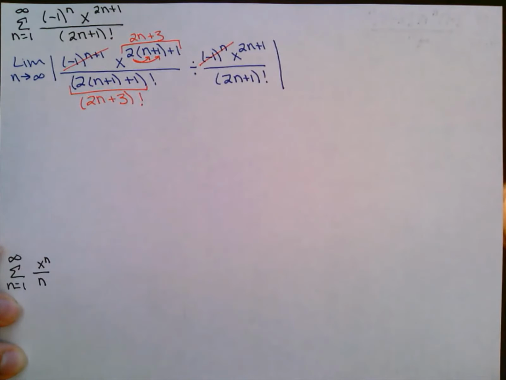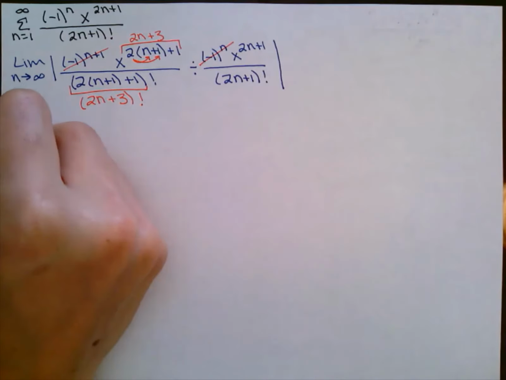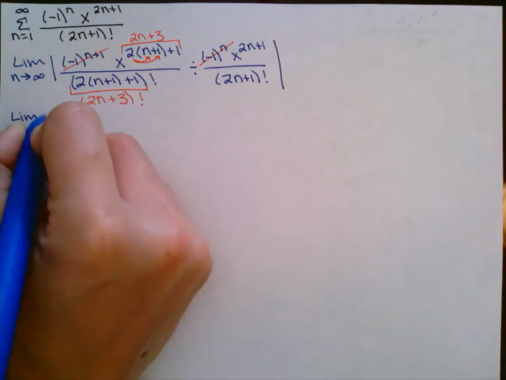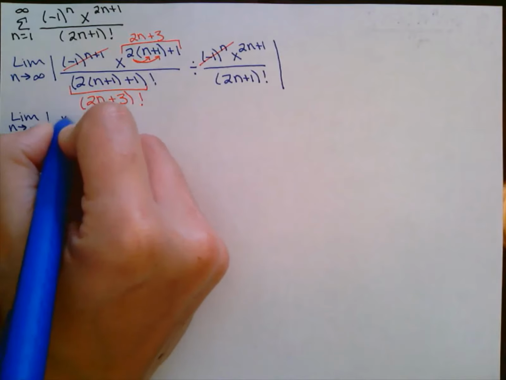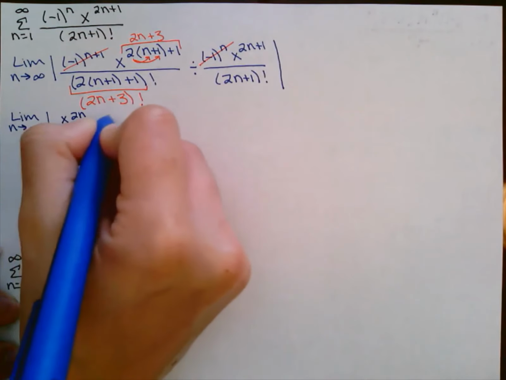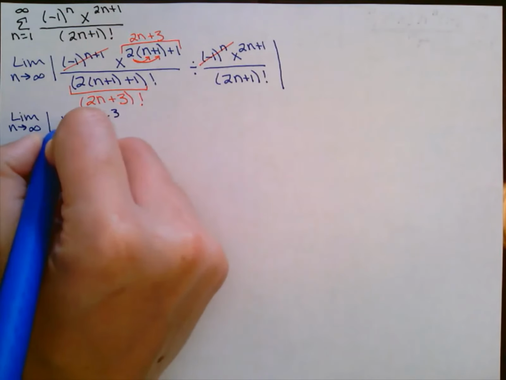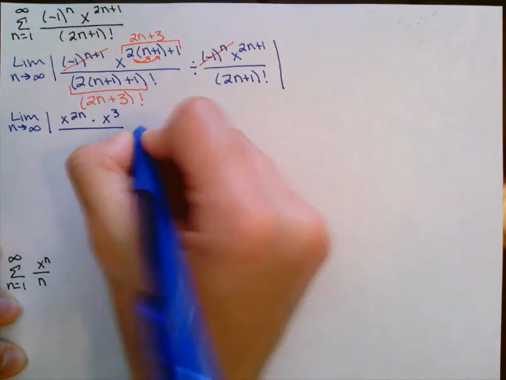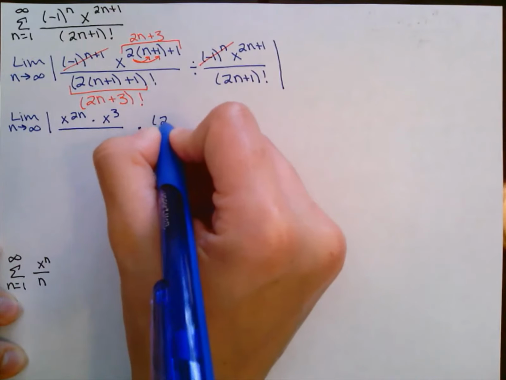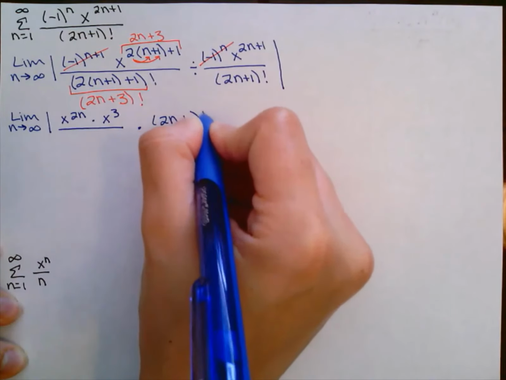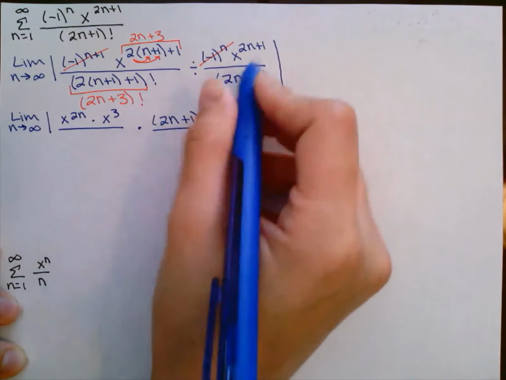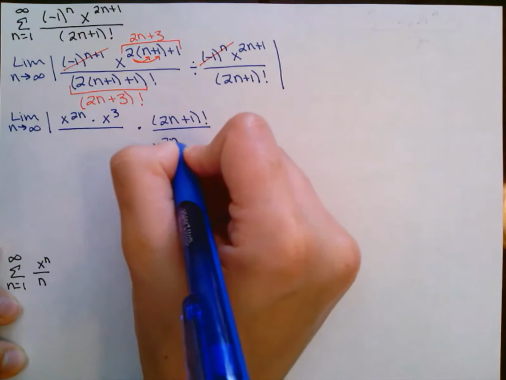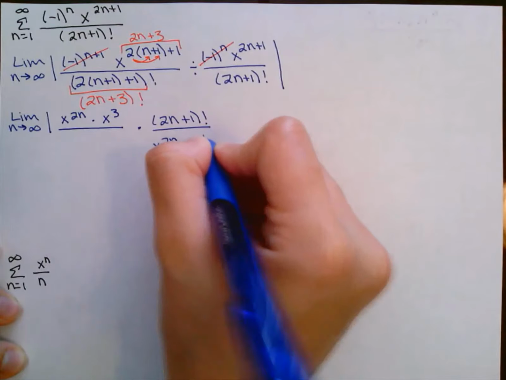And now let's keep cleaning. We have the limit as n approaches infinity of x raised to 2n times x raised to 3 divided by, I'm not going to split this one yet until I see what's going on over here. I'm going to keep, change, flip. I have 2n plus 1 factorial over, and this one I can split, x raised to 2n times x raised to 1.